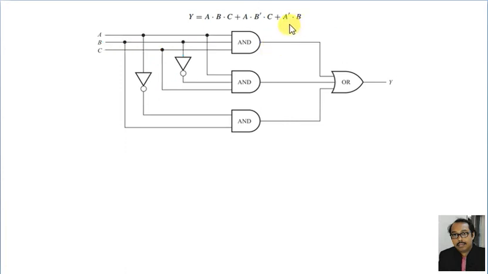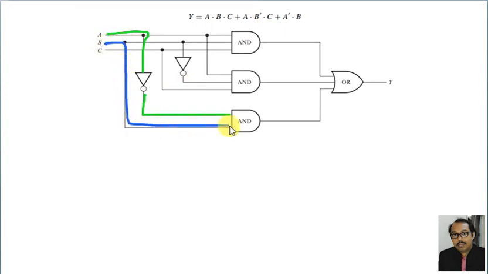Okay, next one is A bar B. How can I find A bar? For A bar, this was A, but this one is A bar. Next one is B. How can I get B? For B, very simple, there is no NOT gate here.